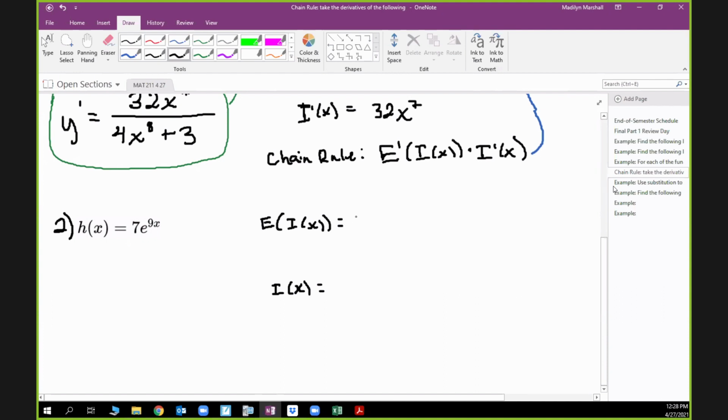There's a little bit more to it. So the e to the, I'm going to write I of x. So 7e raised to our interior function is the exterior, and the interior is 9x. Exactly. If there's stuff up there in the exponent that's not just x, that's going to be the interior function. So in this case, we have 9x, so that is our interior. So what is the derivative of the exterior?